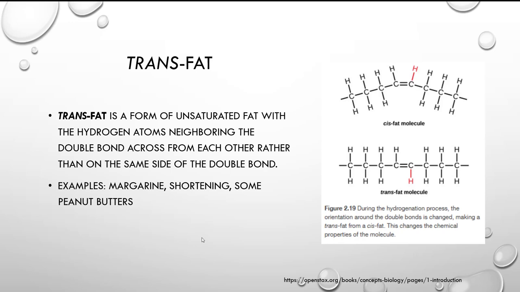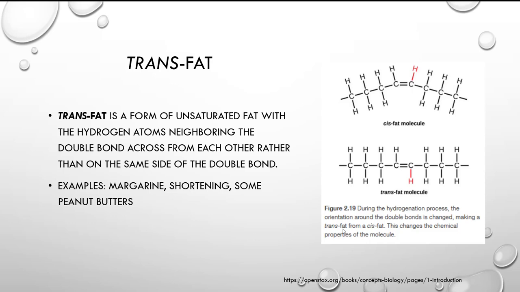Now, you may have heard about trans fat, and we know that's a bad word, right? Lately we hear that we want to avoid trans fats, and I think there was a measure passed a while ago that we're phasing out trans fats from our food products. So what is a trans fat?